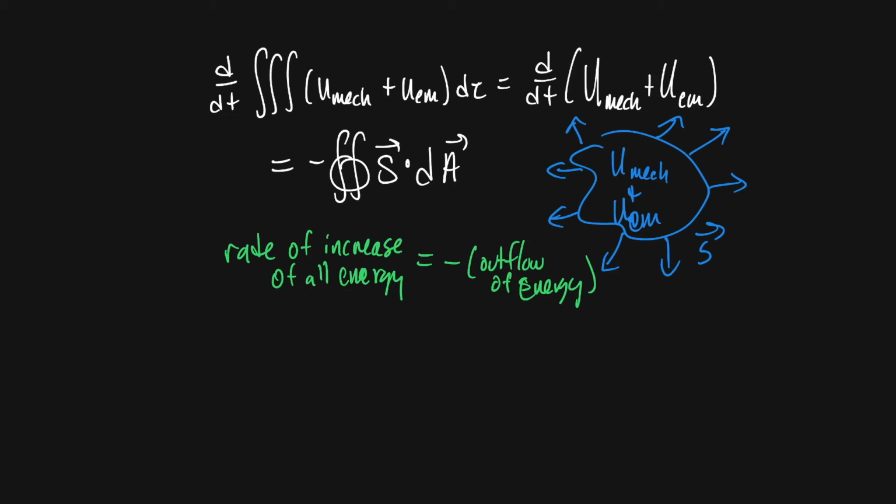And the outflow is a result of the Poynting vector carrying the energy away, and this is both the electromagnetic and the mechanical energy. So what's really interesting about this is that we can have situations where there is no outflow of energy, right? So that is where the S vector vanishes everywhere. And so we have just simple energy conservation.